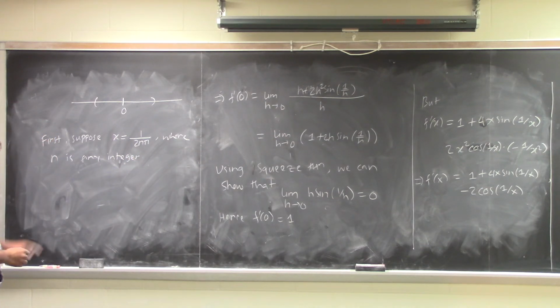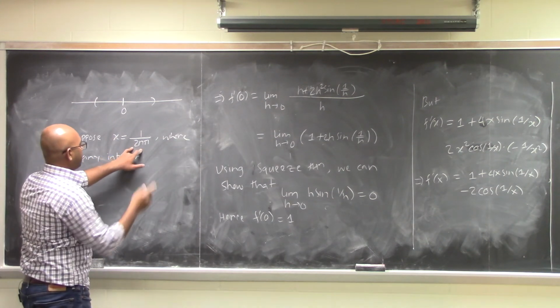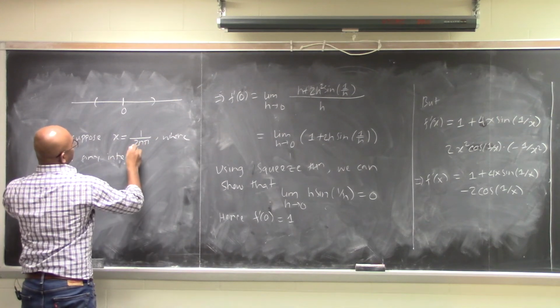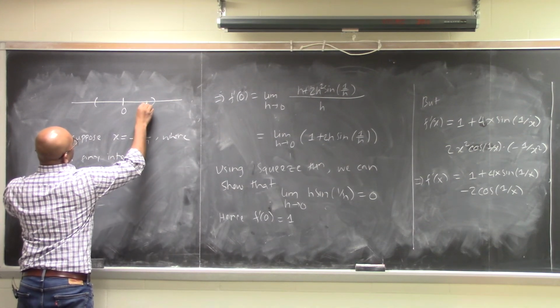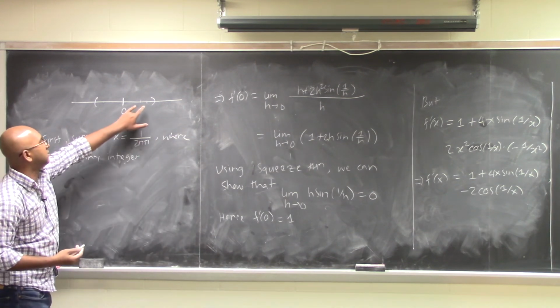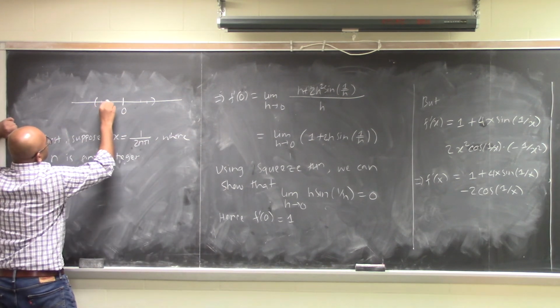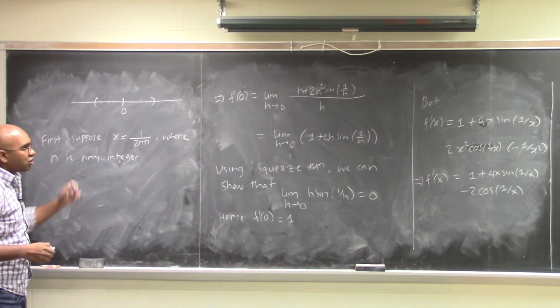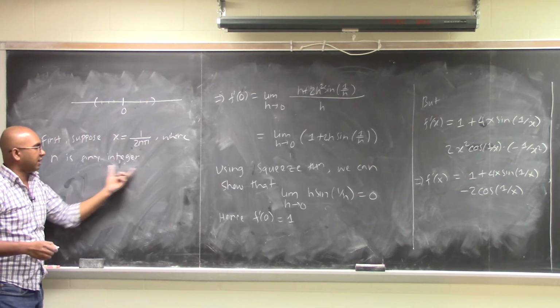Notice as you increase n, gradually these numbers become closer and closer to 0. So every interval containing 0 will have numbers like this.